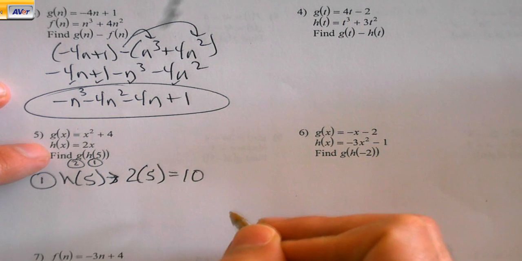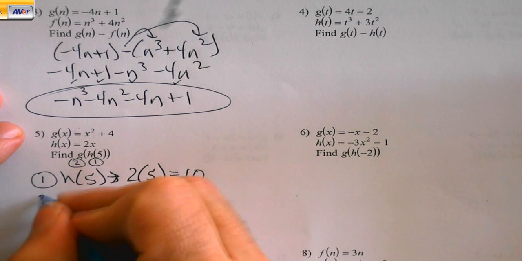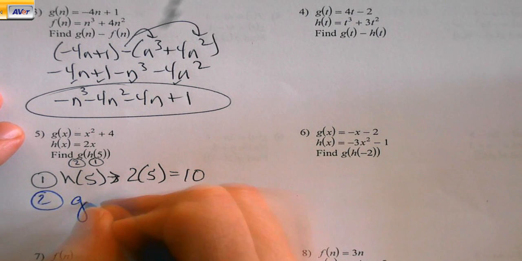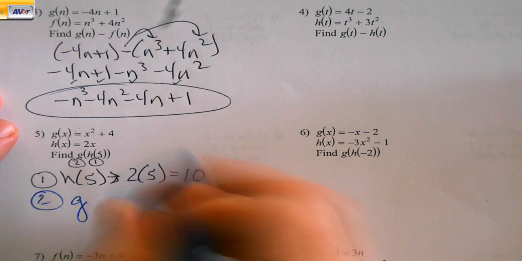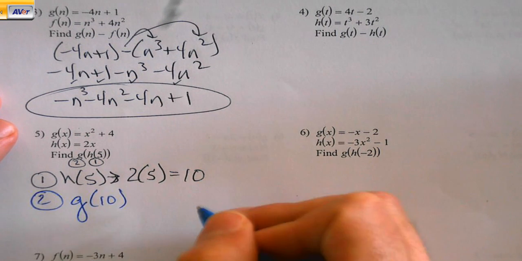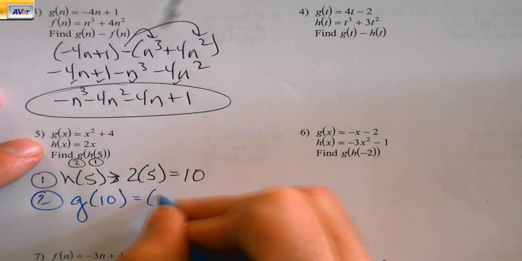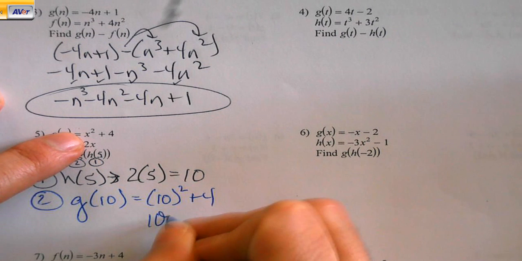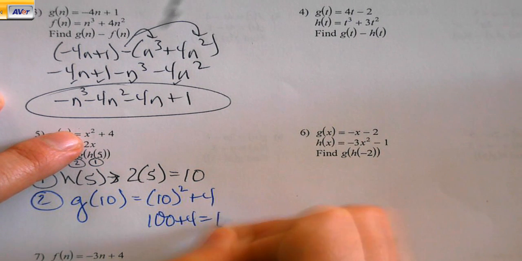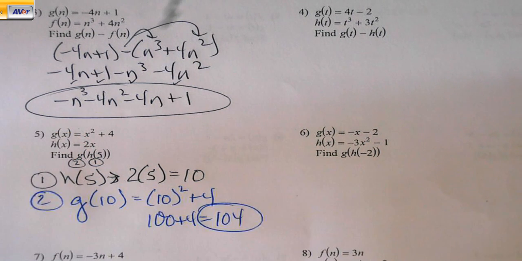That gets me an answer. When I go to do the second part with g, now I'm not using 5, I'm using my answer from number 1, which is 10. I plug that in for my x up here, and get my answer.